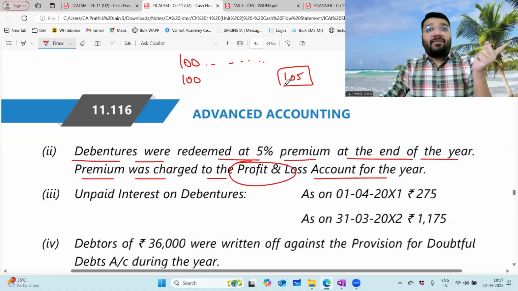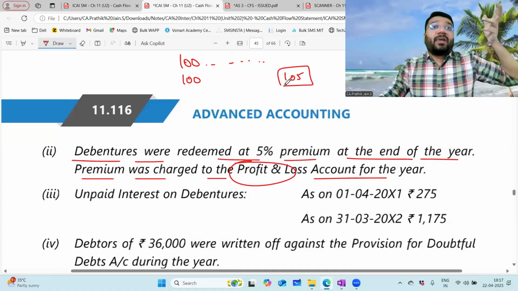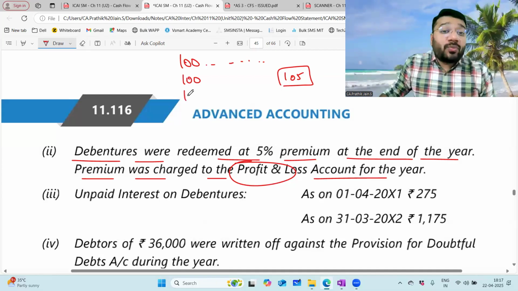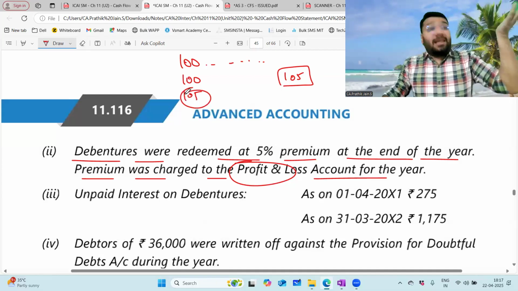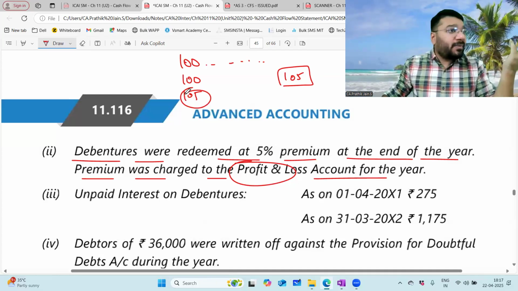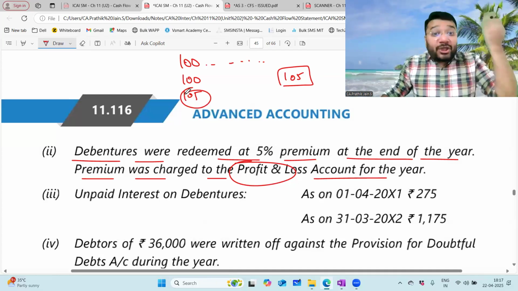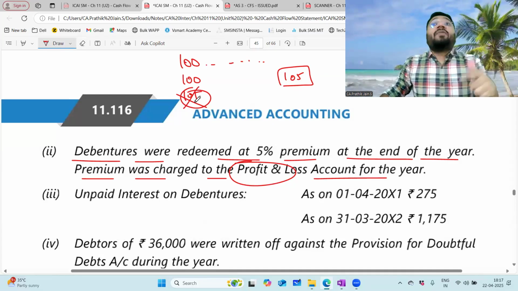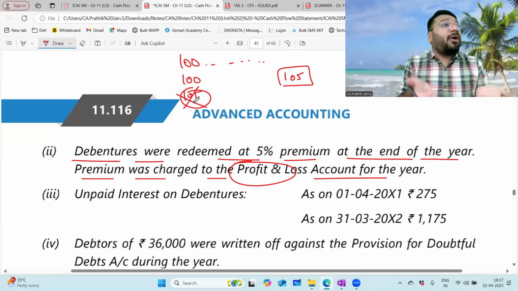What we studied in 12th standard was the case where the redemption value is 105 at the time of issue itself. Now we are learning that while issuing, we did not know this. Now while redeeming it, we decided we'll redeem at premium. So when you know that there is a loss, that year we record the loss.